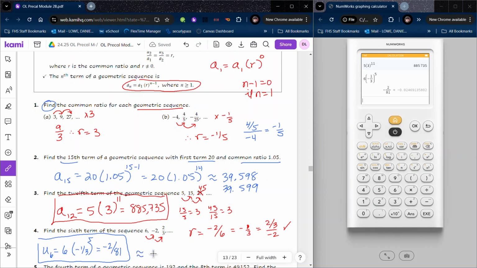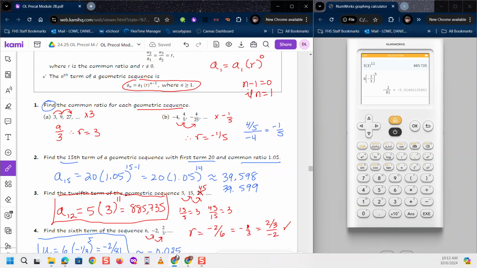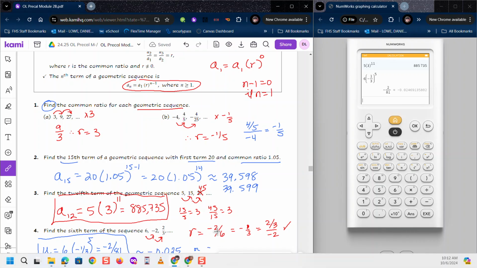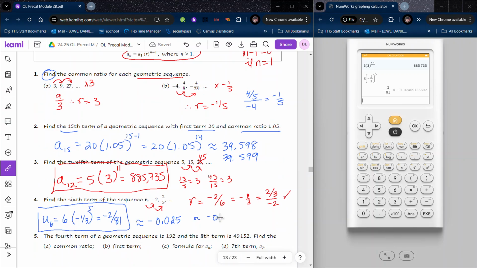Of course, we could also give it as a decimal answer, which is -0.025 if we were going to 3 decimal places, or -0.024. It's okay to round, or it's okay to truncate.